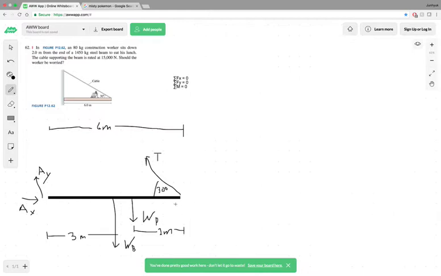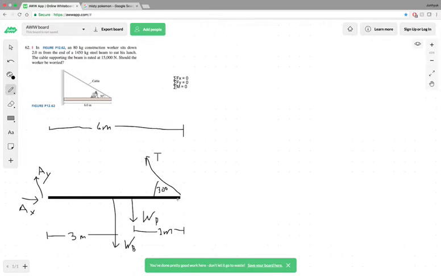For example, if we pick the pivot point to be along this other end of the beam where the cable is tethered, we know that any force acting directly on a pivot point generates zero moment because there is effectively a zero moment arm. Anything times 0 is 0, and that causes zero moment.